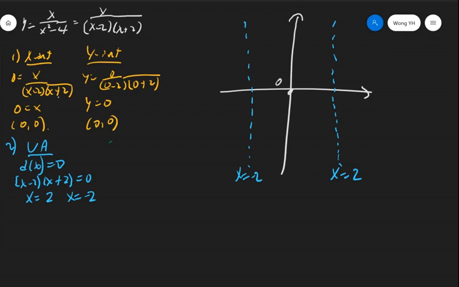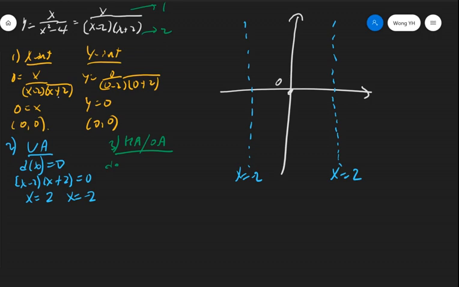Alright, third information, we will go and find whether we have a horizontal asymptote or an oblique asymptote. So this one we have to compare the degree. As you can see on top here, the numerator, the degree is 1. Below, the denominator, the degree will be 2.